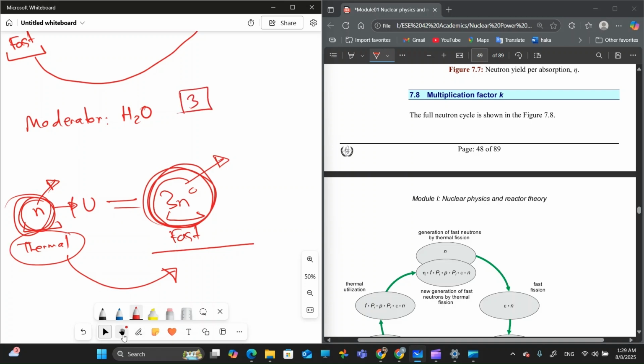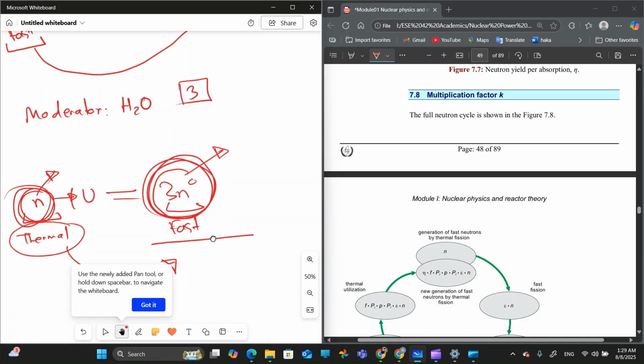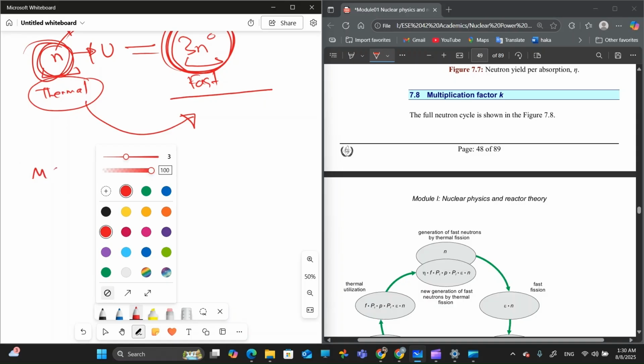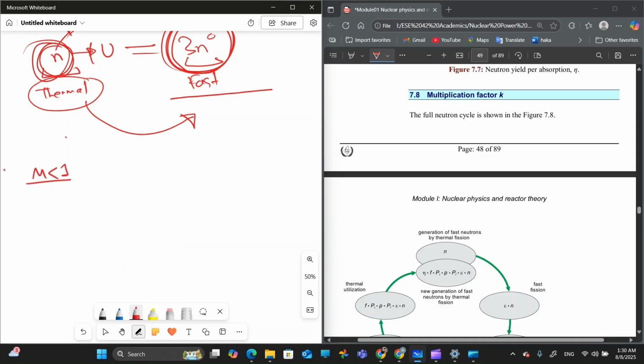Now why is multiplication factor important? If multiplication factor is less than 1, the chain reaction will not sustain, right? Because now you have one neutron, and if the multiplication factor is less than 1, you won't have any neutron left to continue the reaction.